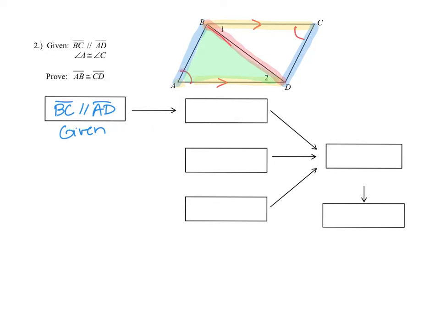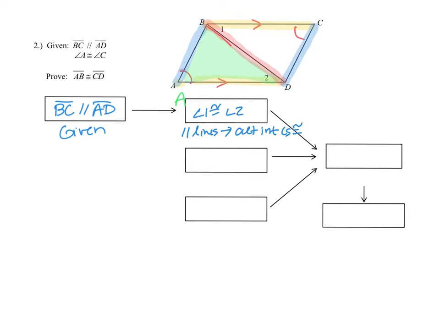The fact that we have angle 1 congruent to angle 2. And here's how we'll justify that. Parallel lines cut by a transversal implies that alternate interior angles are congruent. Okay, so let's put an A there. We're 1/3 of the way of getting the green triangle congruent to the white triangle.